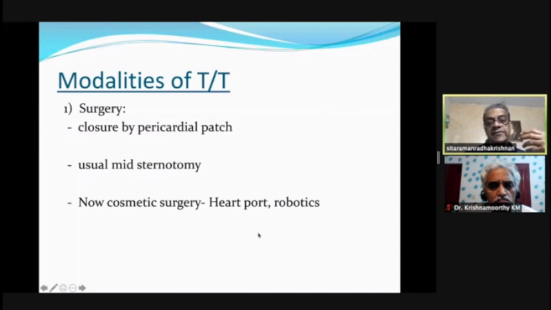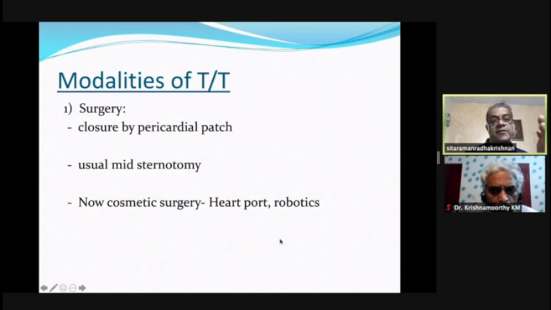And it's actually very gratifying. Only a very small scar in the submammary area. Patients are very happy, discharged within 6 days of the surgery, and there are very few stitches to be removed. So it is very, very gratifying. And our adult heart surgeons are actually practicing this on a routine basis.